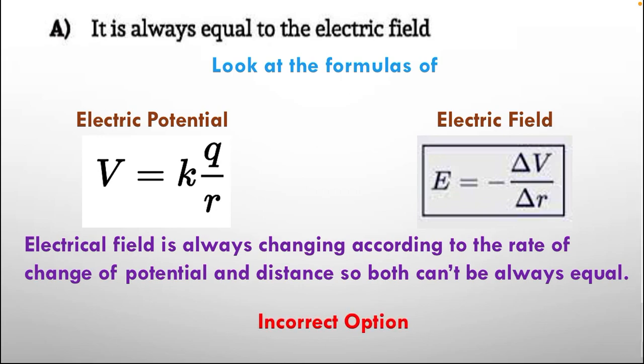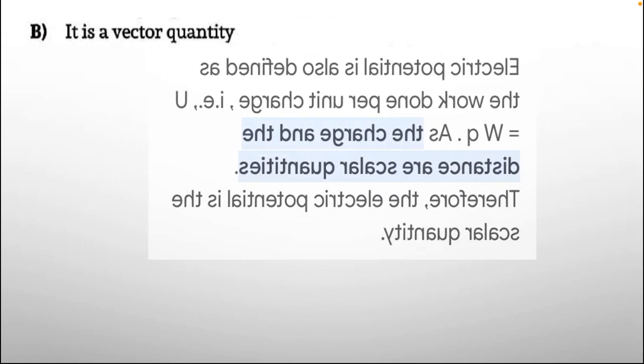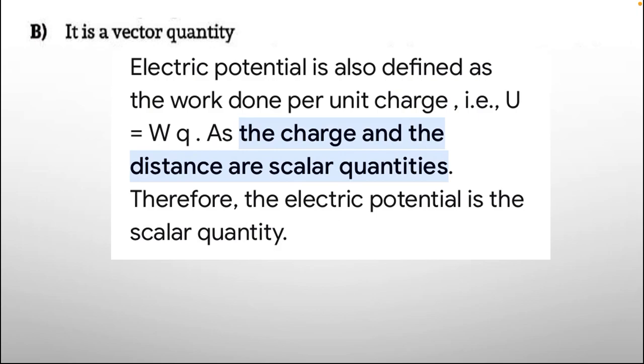So this is an incorrect option. B, it is a vector quantity. Electric potential is also defined as the work done per unit charge, that is V equals W over Q. As the work and charge are scalar quantities, the electric potential is a scalar quantity. So this option is incorrect.